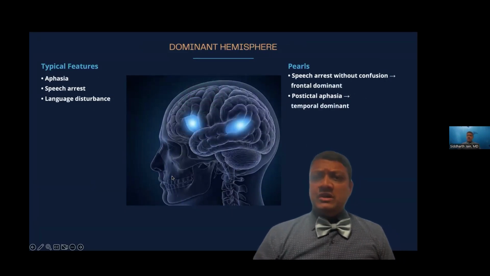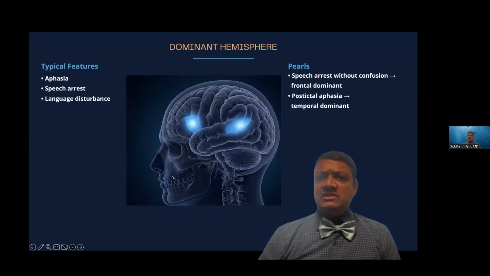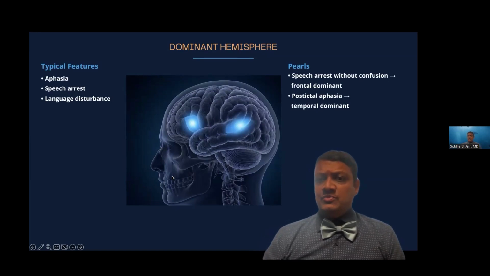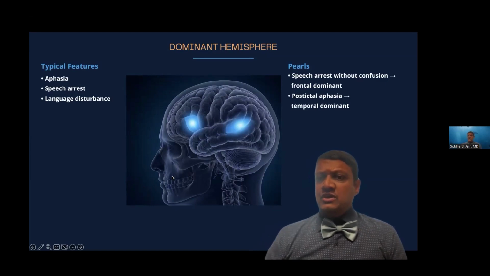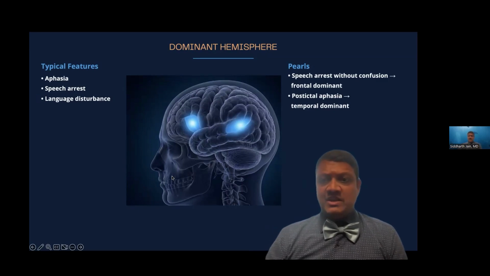Further clues, if we do not have specific lobar semiologies or classical semiologies: again, language disturbance points to involvement of the dominant hemisphere, which is left in about 95% of right-handed people and even 70% of left-handed people.